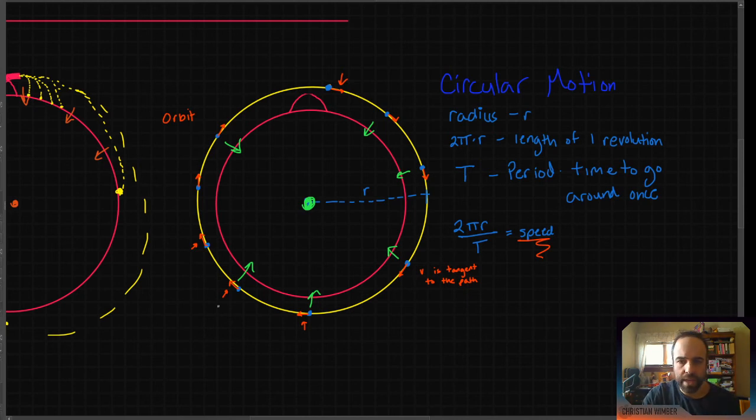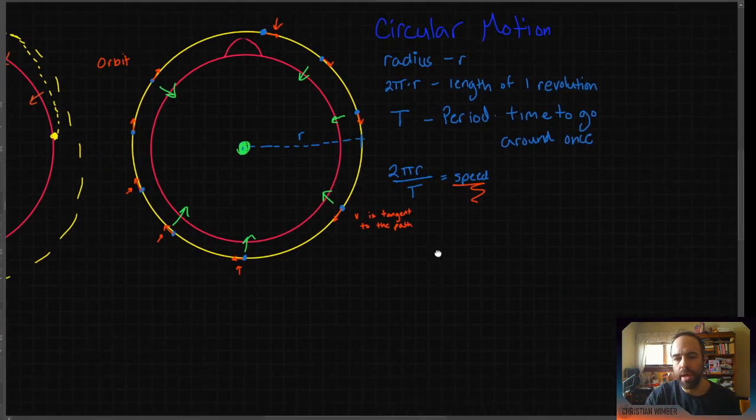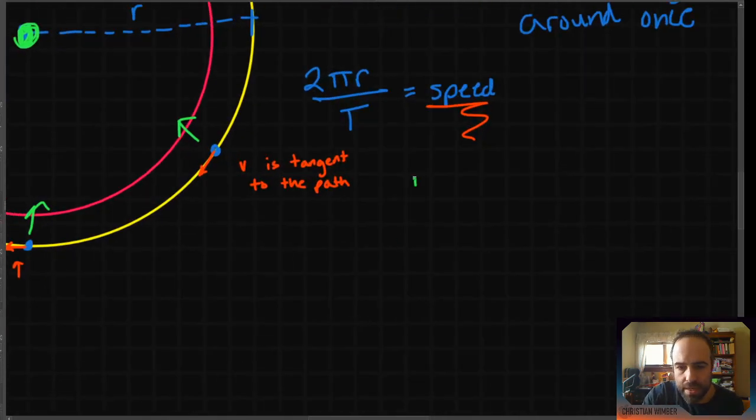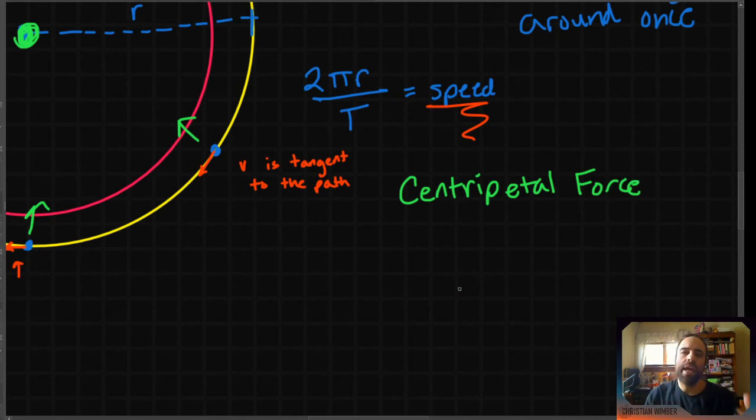So we have a name for this. Whenever there's a force pointing towards the center of that circular path, we call this a centripetal force. This is the force acting on the object that is always oriented towards the center of the circular path.